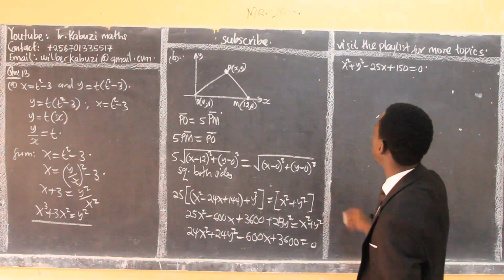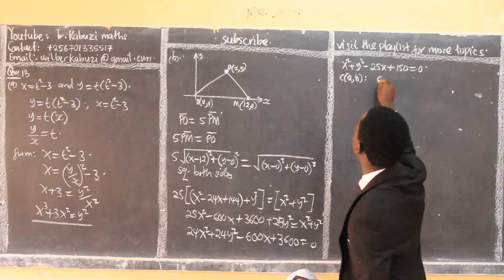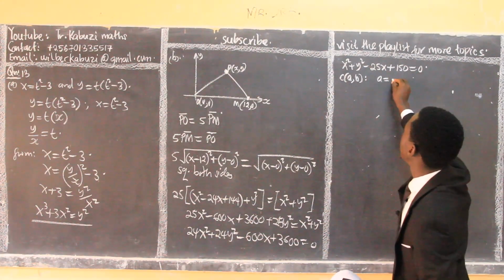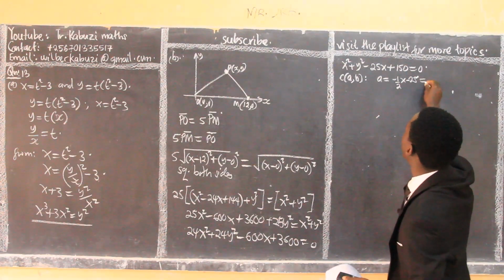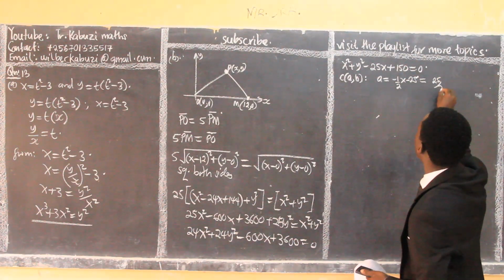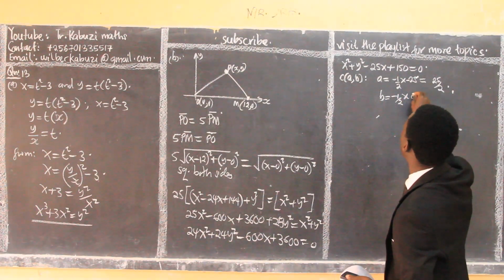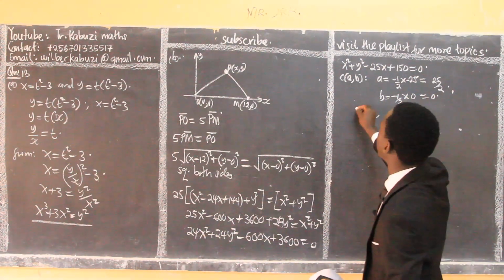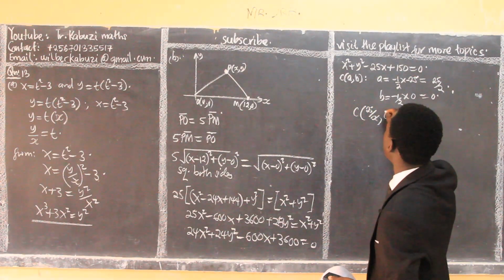Now we can easily get our center. Remember our center is at (a, b), where a is negative a half times negative 25, which gives 25 over 2. Then b is negative a half times the coefficient of y, which is 0. So our center is at (25 over 2, 0).